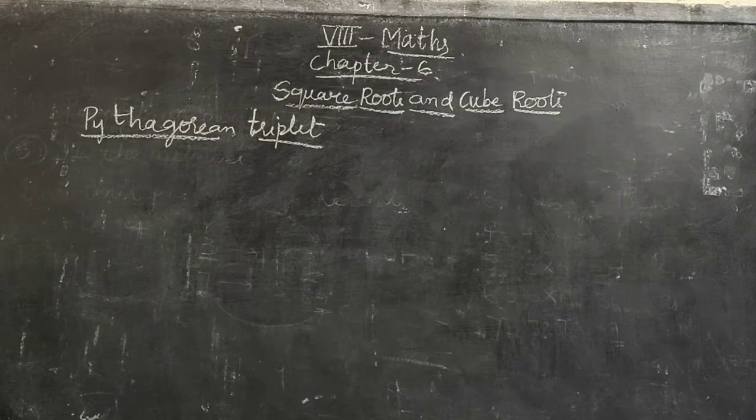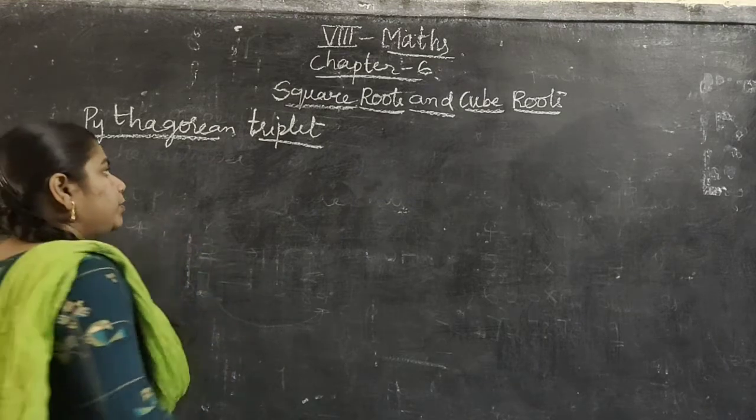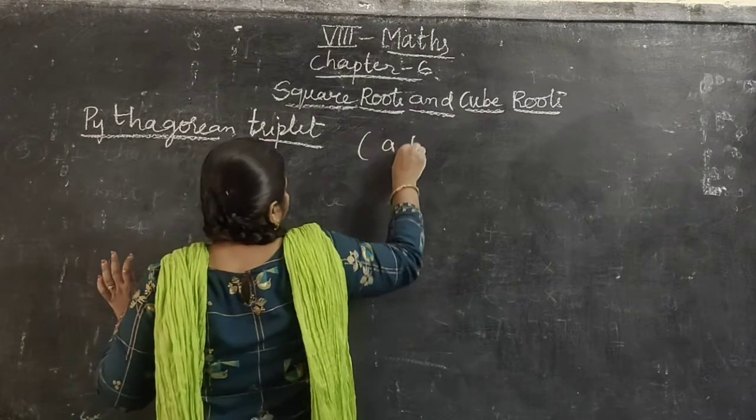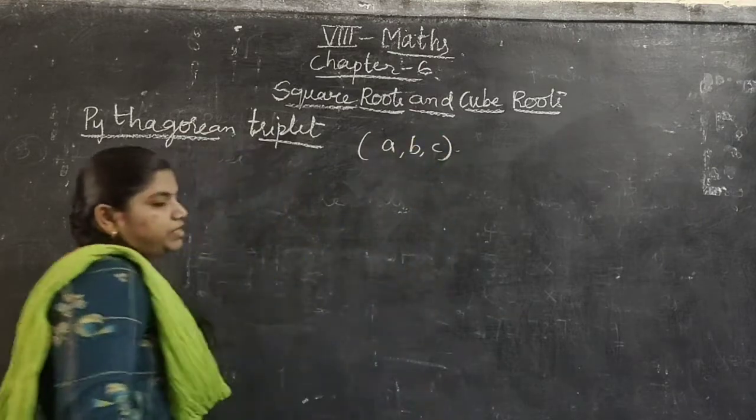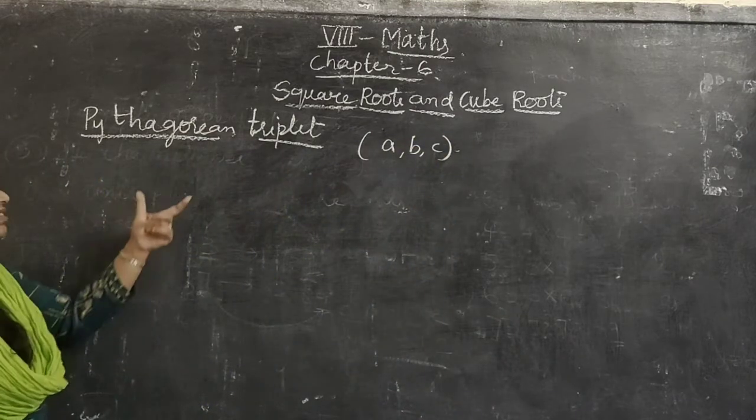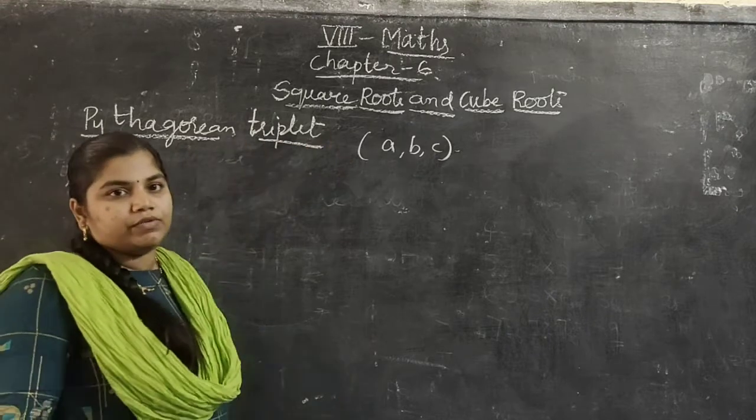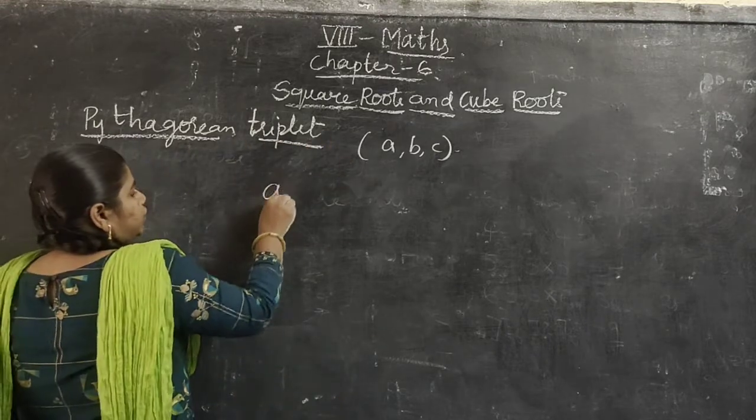In a Pythagorean triplet you will have 3 integers. So when will the Pythagorean triplet be satisfied, we will see. This condition should be satisfied.